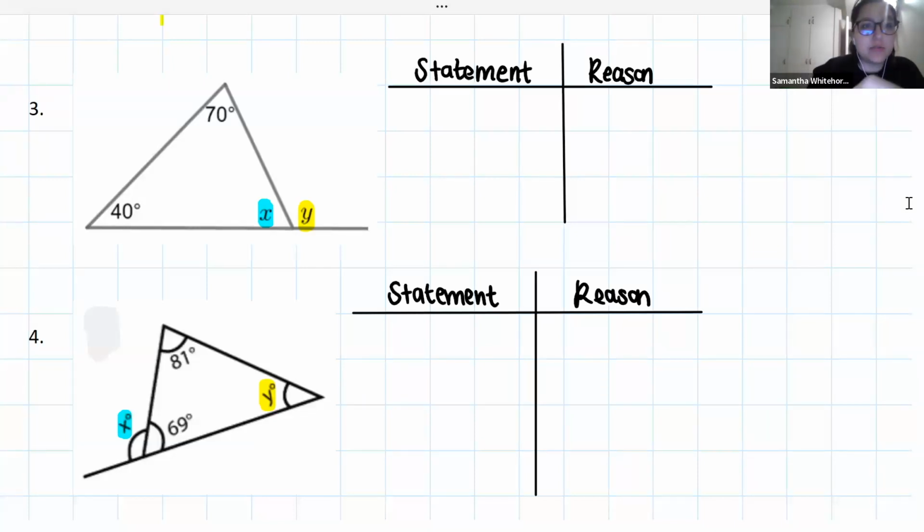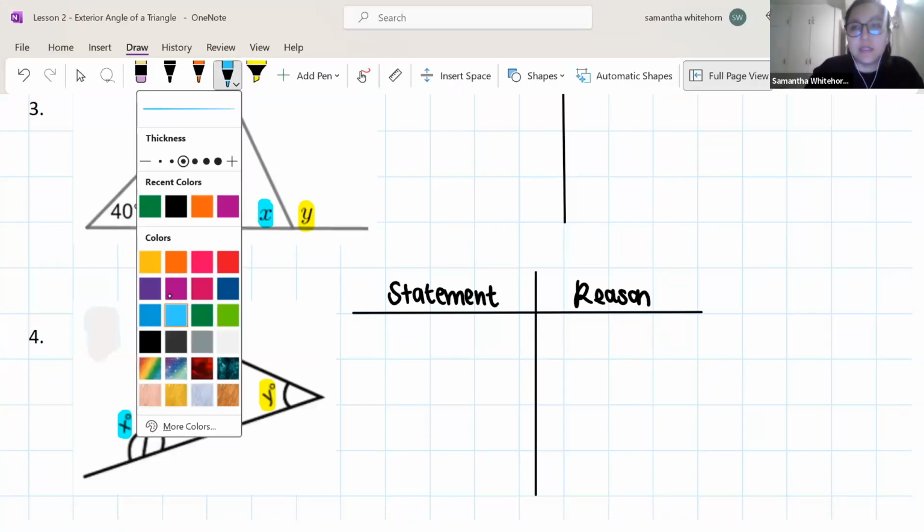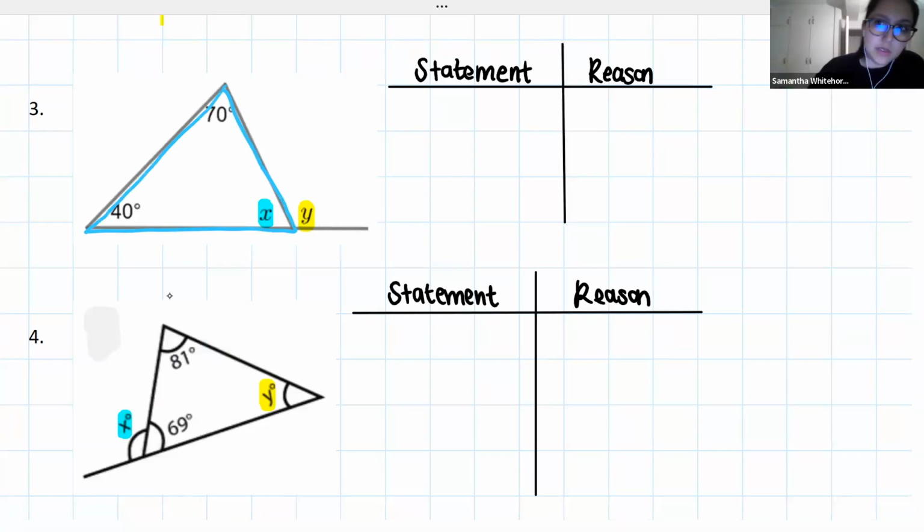So for question 3, I'm going to start with angle X. Generally, we go alphabetically. You don't have to, but generally we do. So for X, what I see is that it's one of 3 angles inside that blue triangle. And so what that means is I can use interior angles of a triangle.